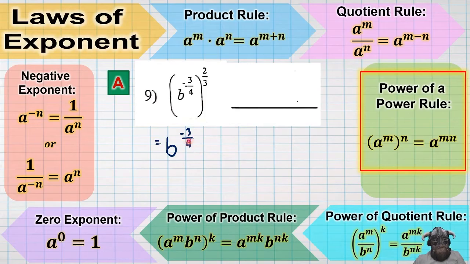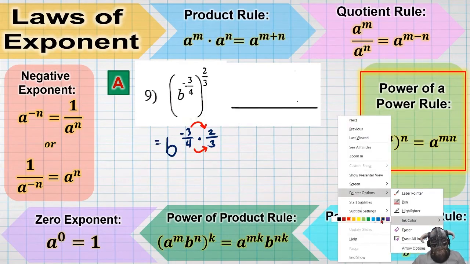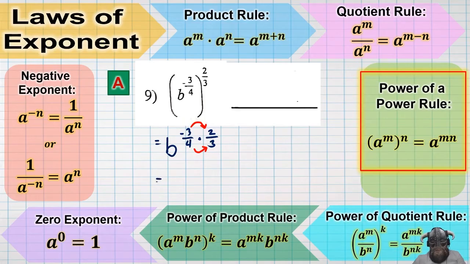So, we can have it as negative 3 over 4 multiplied to 2 over 3. So, in this case, ano ulit yung gagawin natin? You just need to multiply numerator times numerator and then denominator times denominator. So, having that said, the exponent of b will be negative 3 times 2, that will be negative 6 all over 4 times 3, that will be equal to 12.